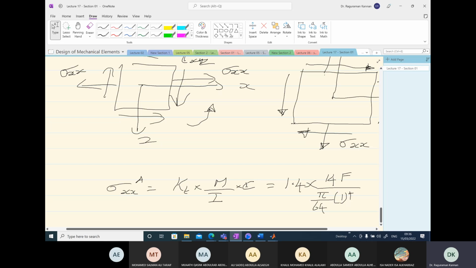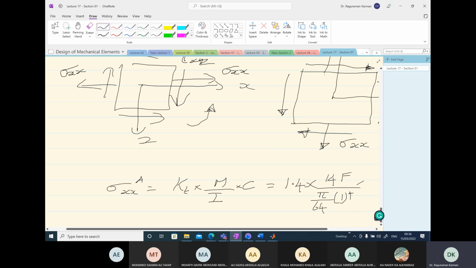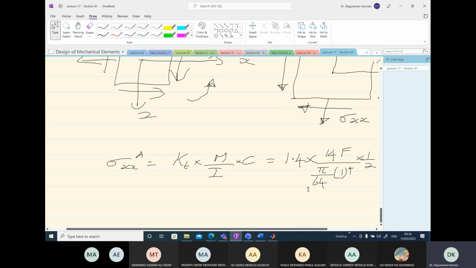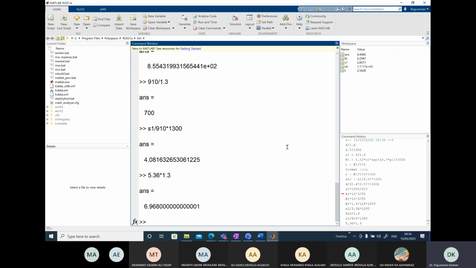And here the c value will be half of the diameter, which is the radius. Radius will be 1 over 2. So that gives us, in terms of F, at the point A, the stress value.